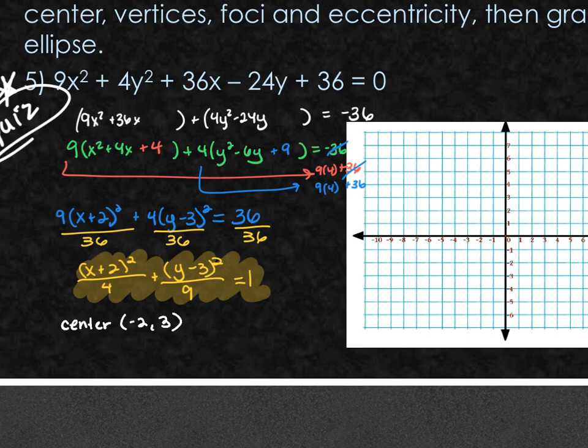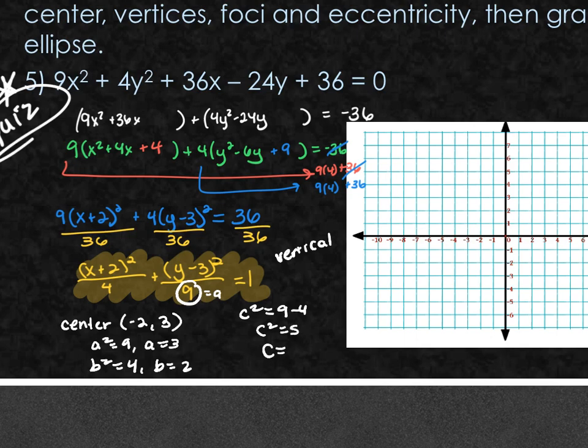Switch that. Hopefully you would catch that because there's a mistake there, right? 9 is the bigger base. So that's the a, which means this is going to be vertical. So a squared is 9, a is 3, b squared is 4, b is 2, and then c squared equals 9 minus 4, c squared equals 5, c would equal the square root of 5.